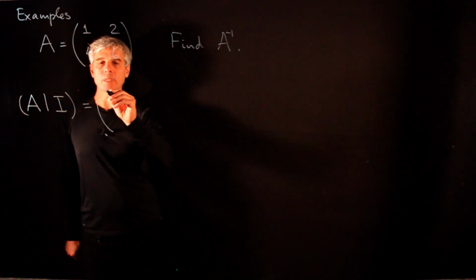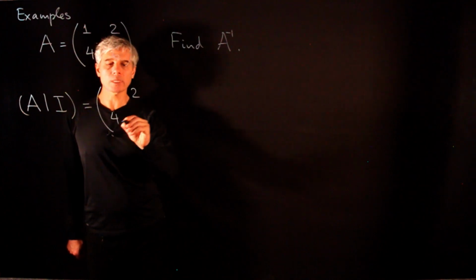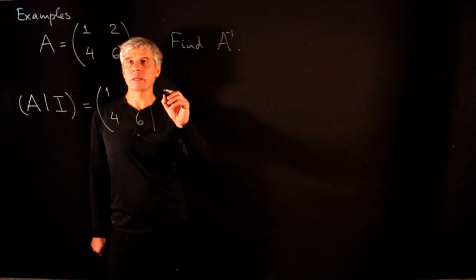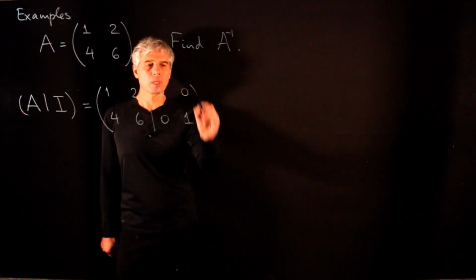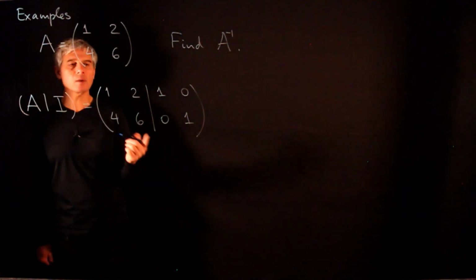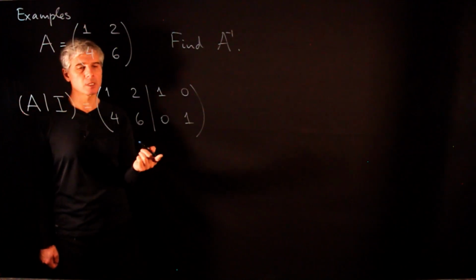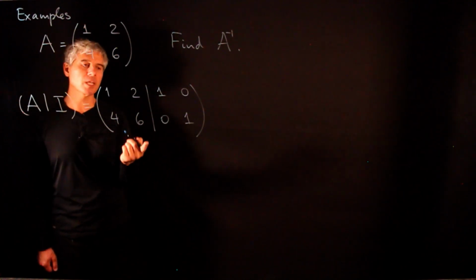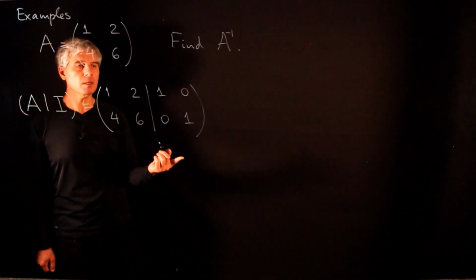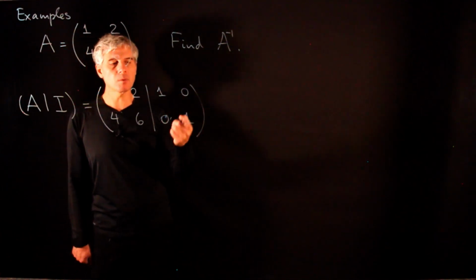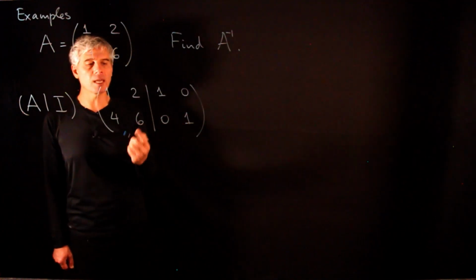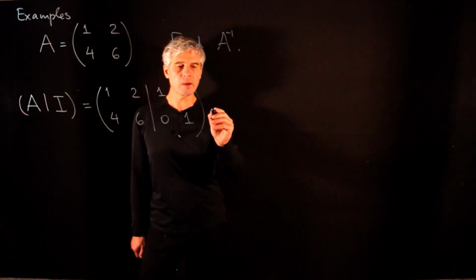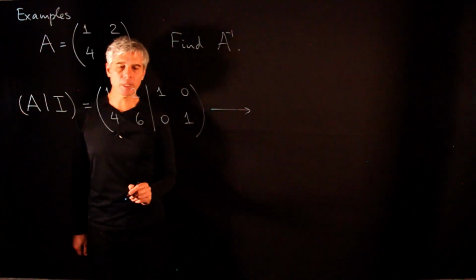So we get the following matrix: 1, 2, 4, 6, and 1, 0, 0, 1. So now we want to find the sequence of elementary row operations that bring the left matrix to identity. So then our theorem says that the same sequence of elementary row operations will bring the right matrix to A inverse.